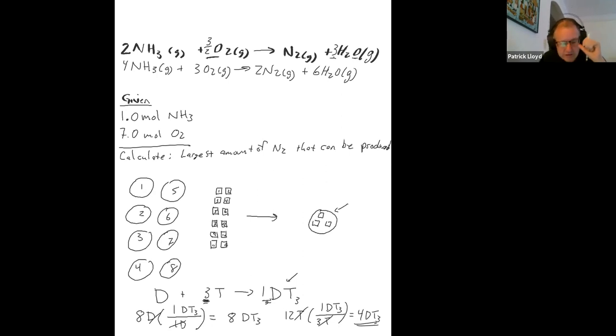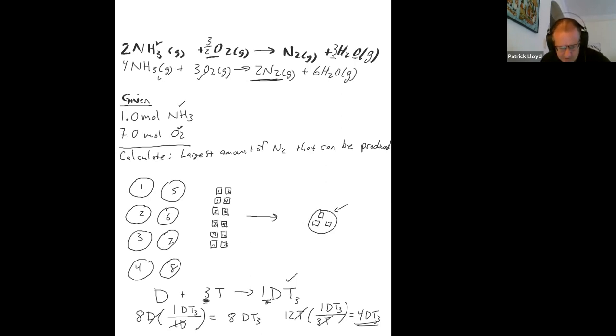Okay? We're doing essentially the same thing with these 2 reactants. Here's our balanced equation. And in this particular question, they're asking us for the nitrogen. What's the maximum or the largest amount of nitrogen that could be formed? Just like the largest number of pizzas. What's the largest number of pizzas we could make?